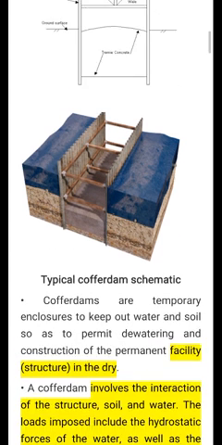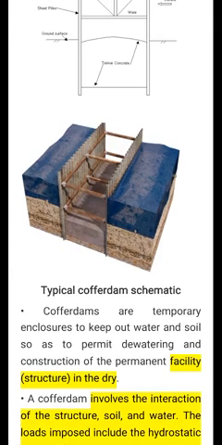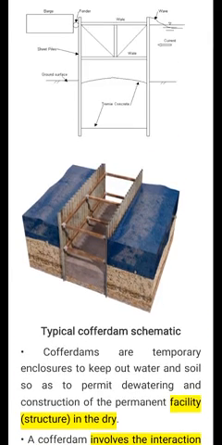Now you can see the 3D diagram also. Beside these two sheet piles, you can see the water. Below that you can see the softer soil. At the bottom there is a concrete seal. This is the typical schematic diagram of your cofferdam.